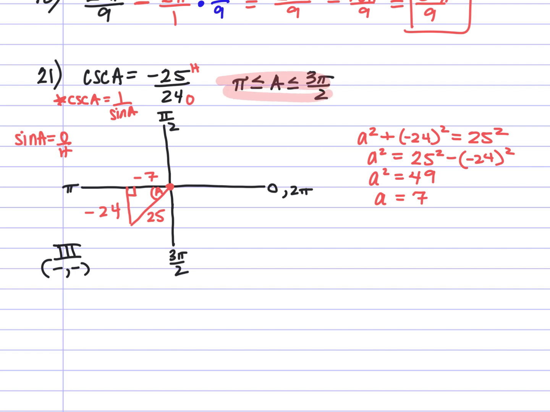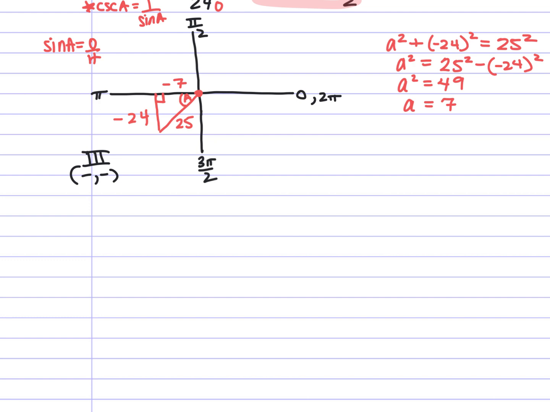Okay? Now that my picture's drawn, if it helps you to label, this is my opposite side, this is my hypotenuse, this is my adjacent side. So I need to find sine, cosine, tangent. I already have cosecant.